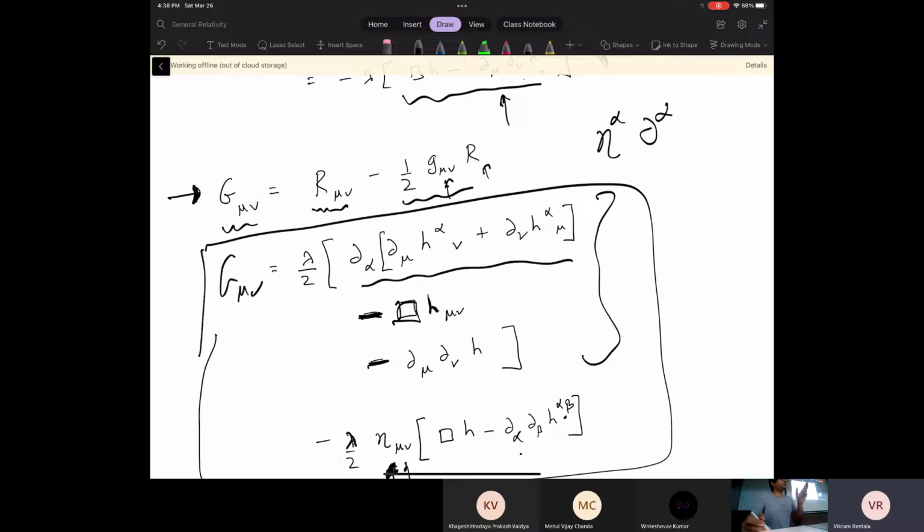Yeah, it doesn't make sense to raise with eta if you're raising a covariant derivative and affine connection like this. Then you really have to do it properly. We're only doing this because strictly this is all valid to leading order in lambda.